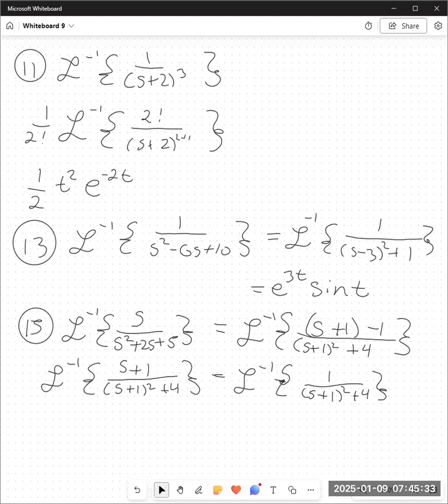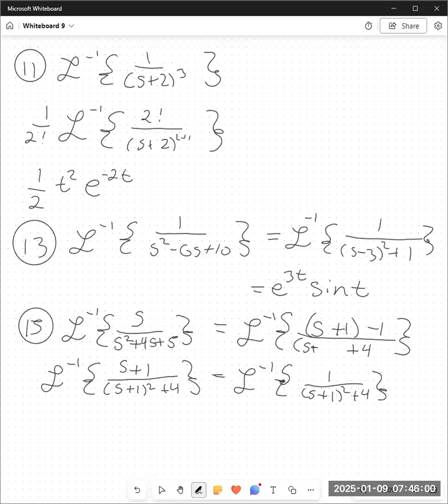But my k value here is 2. So I need to, wait a second, I wrote this wrong. This is not a 2, this is a 4.